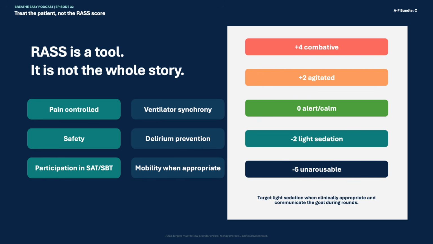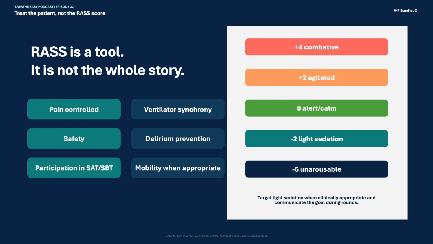Treat the patient, not the RASS score. Run your eye down the scale. Combative at the top, alert and calm in the middle, lightly sedated just below that, unarousable at the bottom. PADIS points toward light sedation rather than deep sedation in mechanically ventilated adults when it's clinically appropriate, because that's what lets a patient participate in an awakening trial, a breathing trial, and move.